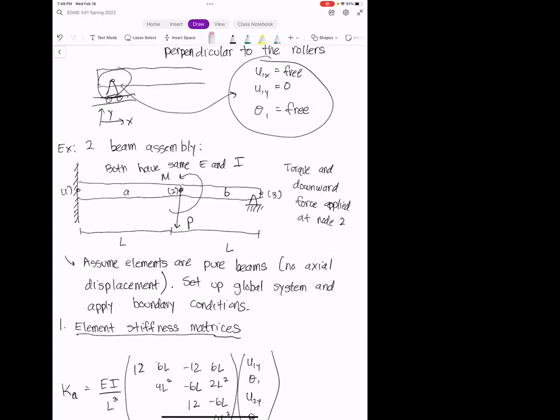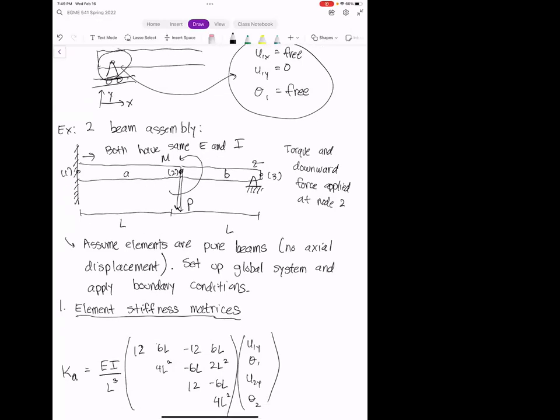But in reality, you might have some sagging here, because if you pull this beam down with sufficient force, that's going to pull the supports in a little bit. So in reality, you might have some axial displacements, but right now our beam equation isn't equipped to handle it.